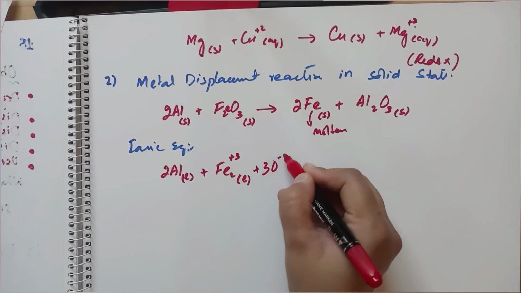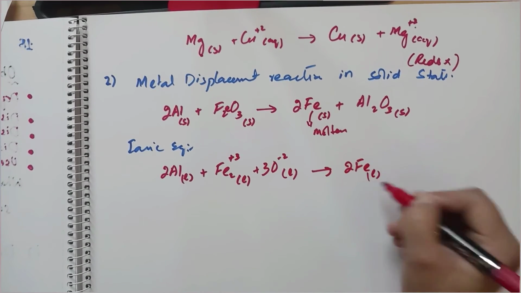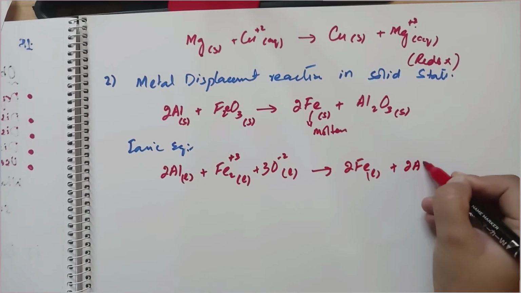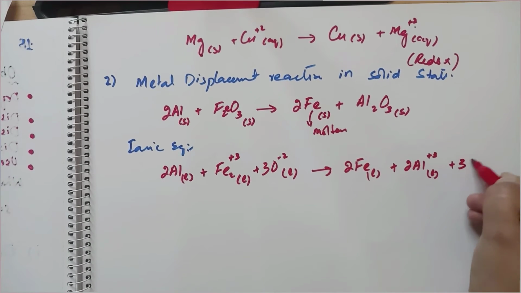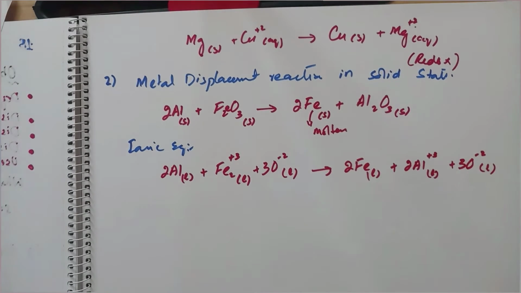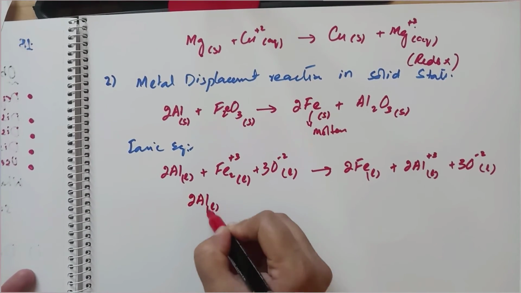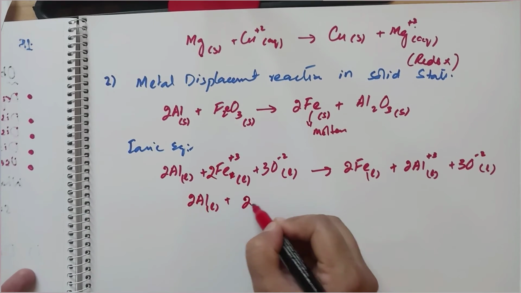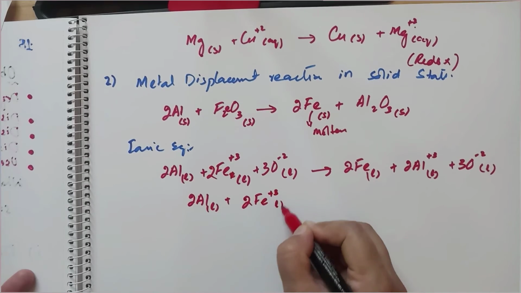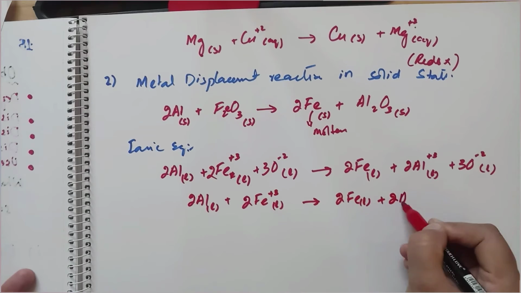Similarly, oxygen in a liquid state, iron again in a liquid state, aluminium in a liquid, and oxygen in liquid. So again cancel out the same ions and we get the final equation as aluminium and iron ion gives us iron and aluminium ion.